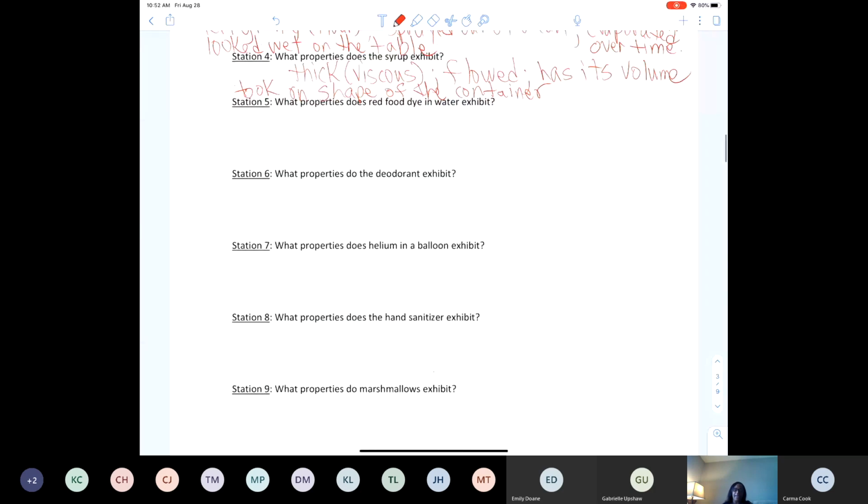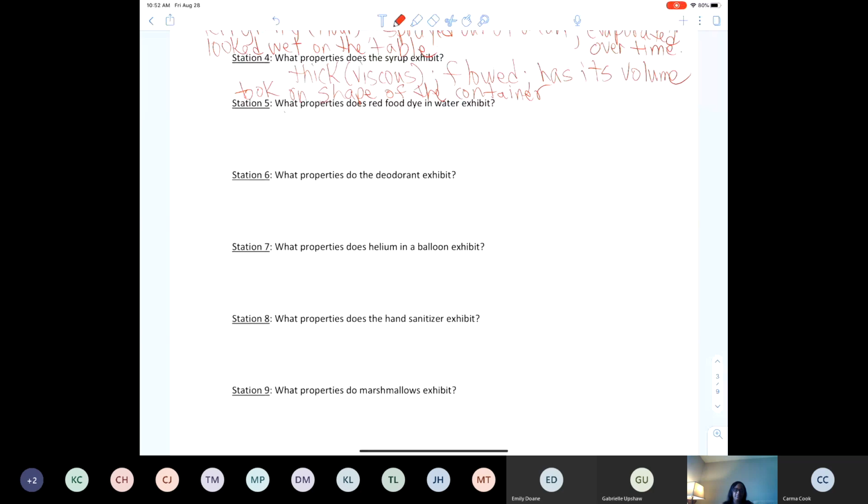What about the red food dye? It flows. It disperses easily in water. So it's miscible in water. We'll learn about miscibility of liquids in a later lab.